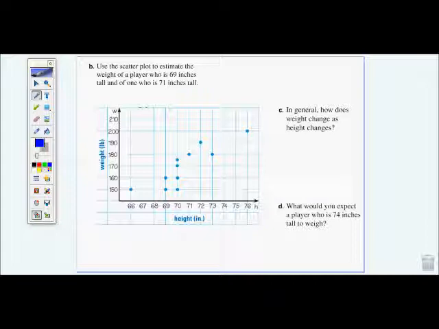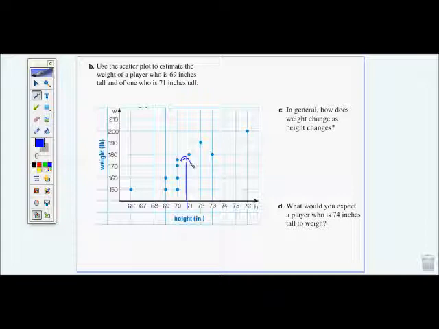In that same way, I could look at the player who is 71 inches. I could look at the 71-inch results, and I see I have 180 pounds. That's the only data I have, so I could estimate they probably weigh about 180 as well. So letter D says, what would you expect a player who is 74 inches tall to weigh? So I look at 74. I do not have any data for 74. However, the 72-inch player weighs 190.